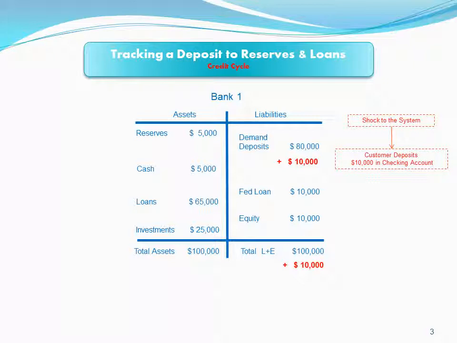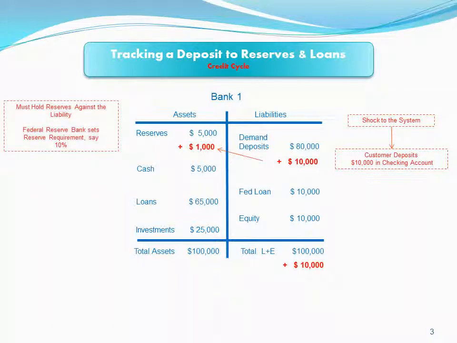Well, this is more funds, more capital for the bank, but since people may withdraw this, it's a liability against which we must hold some reserves. So let's suppose that the Federal Reserve Bank sets a requirement of 10% of these deposits to be held aside. So we set $1,000 aside for these funds, and we put it into our checking account at the Fed.